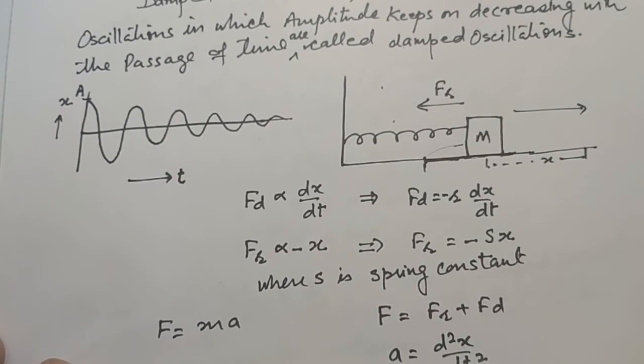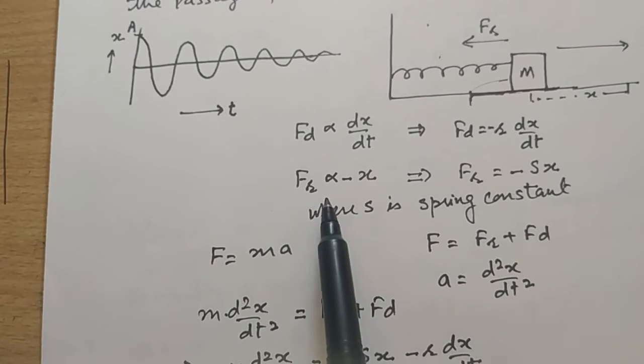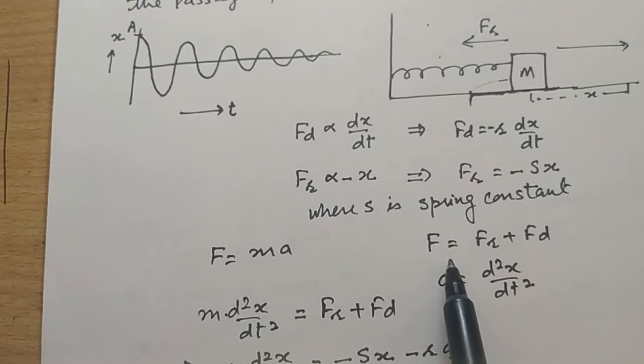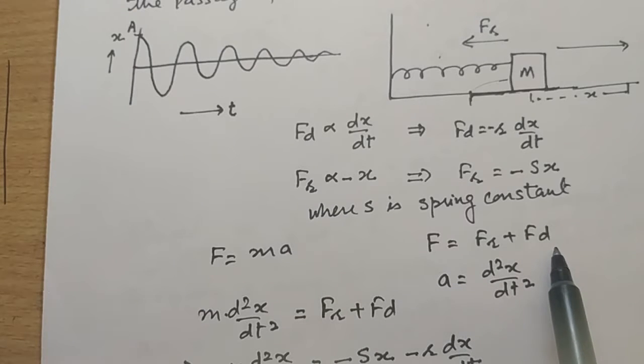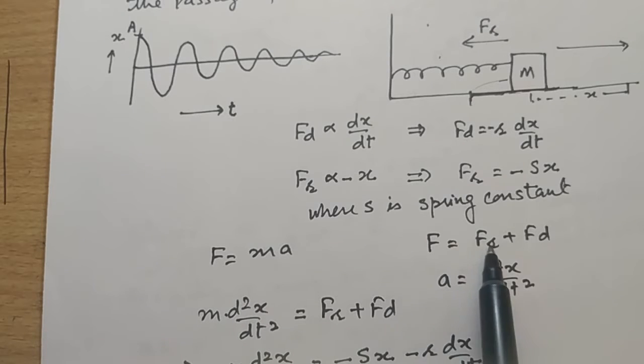Now according to Newton's law, the equation of motion may be written as F is equal to ma, where F is the total force, Fr plus Fd. If we write this in the equation, then m into a, where a is d2x by dt square, is equal to the total force, restoring force plus damping force.